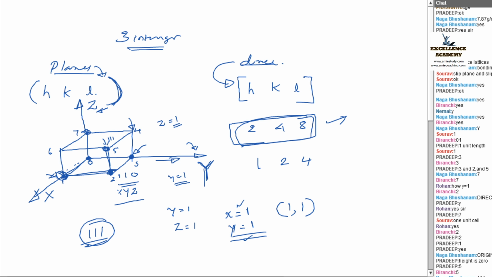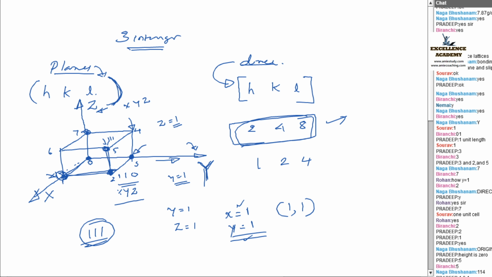What is the value of 4 then? Pradeep, Viraji, please wait. What is the value of 4 there? Give me the x, y, z value. Others, please give me. Okay, Pradeep says that it is 1, 0, 1.